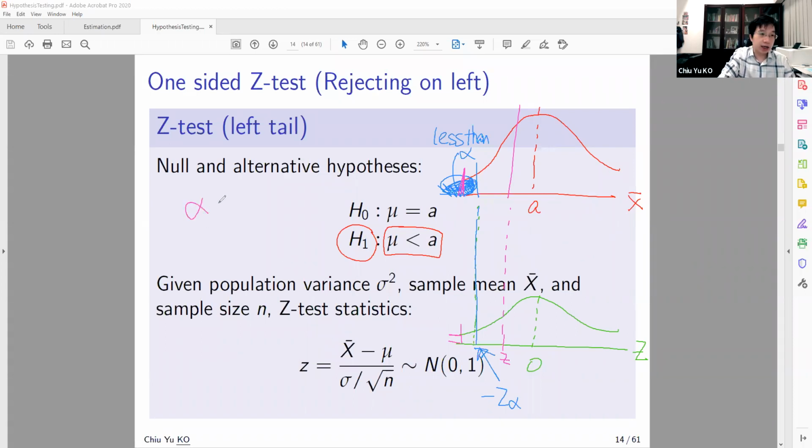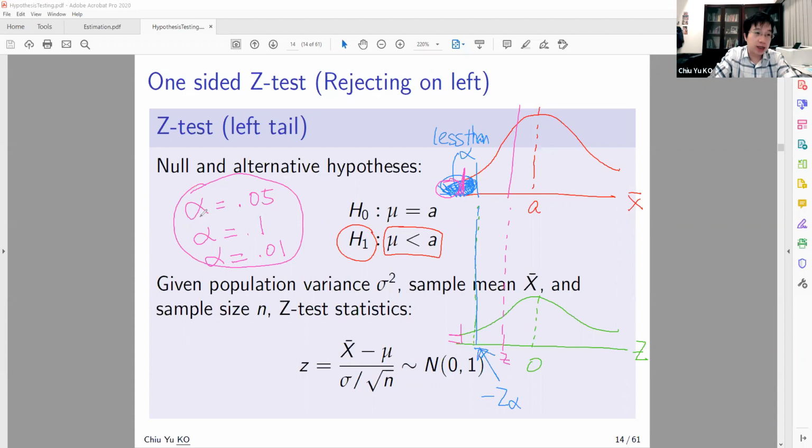Alpha is something we design. Very often we set 0.05, or if you like 0.1, or 0.01, and these three are the most common, but the most common is 5%. You decide what to set, because we decide how far away is considered away.